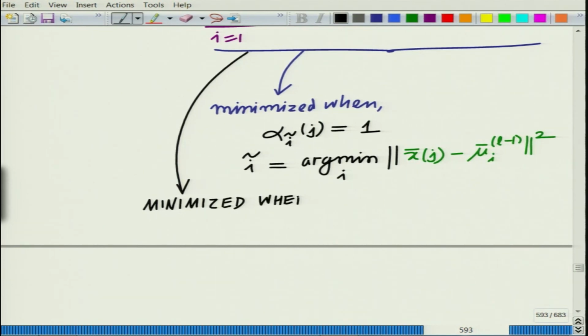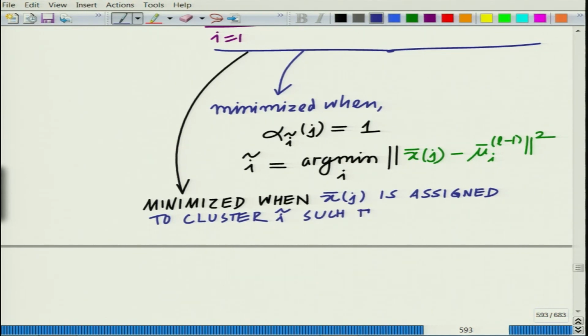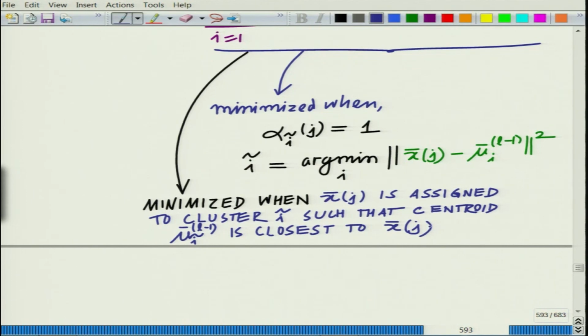The simpler way of saying this is minimized when x bar j is assigned to cluster I tilde such that the centroid mu bar I tilde as computed in iteration L minus 1 is closest to x bar j, that is the philosophy.